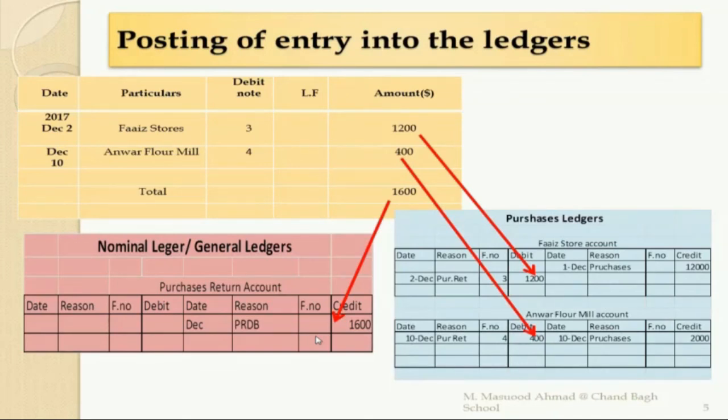The credit entry was 1600 in the Purchase Return account, and the debit entries are 1200 plus 400 on the debit side of your purchase ledger, meaning the creditors' ledger accounts. So debit is equal to credit. Thus this double entry process is completed. I hope you grasp the concept.